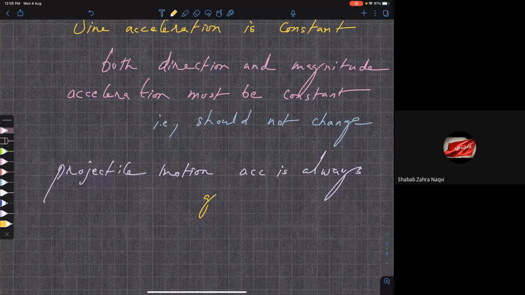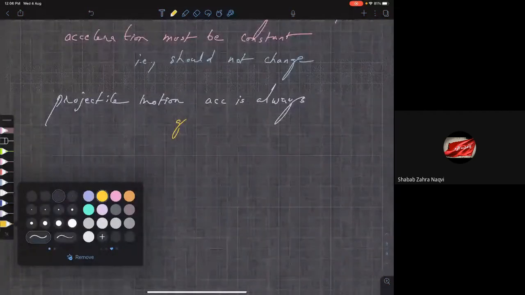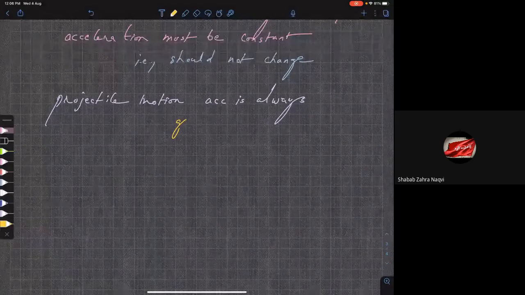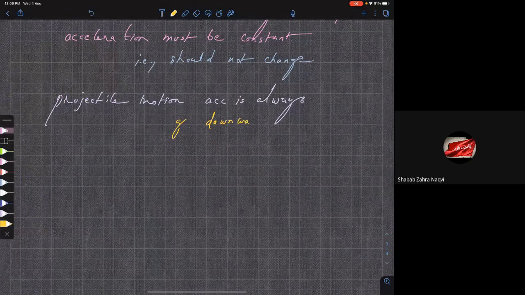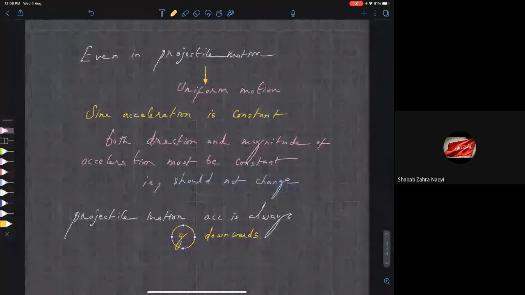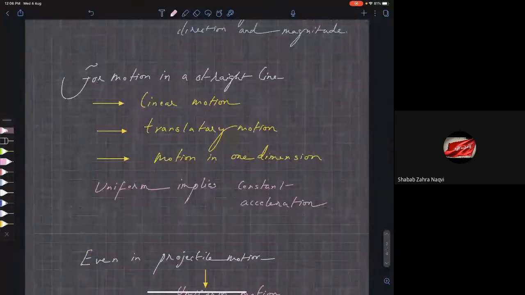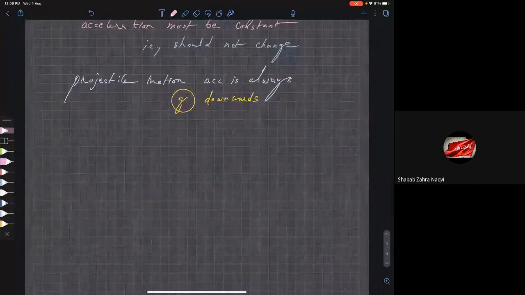Clear? Okay. Now, this is for linear motion.